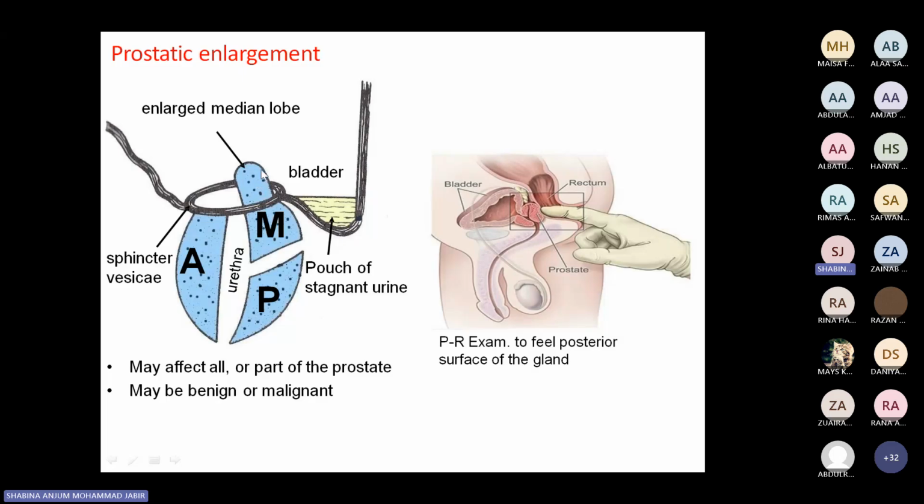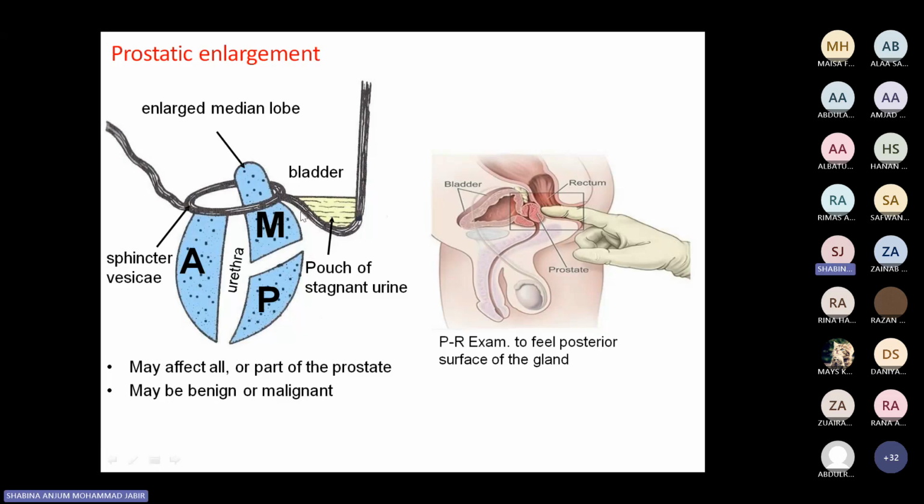Now you can imagine if it is enlarged, this part of the bladder, the urine will not be able to drain like this. So there will always be a pouch of stagnant urine. The patient will pass urine, but he will have the feeling of incomplete voiding. He will feel he did not micturate completely.